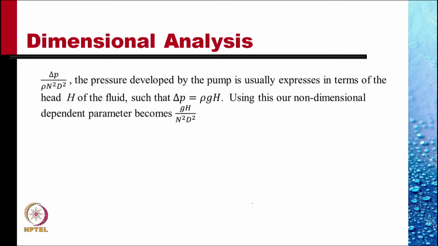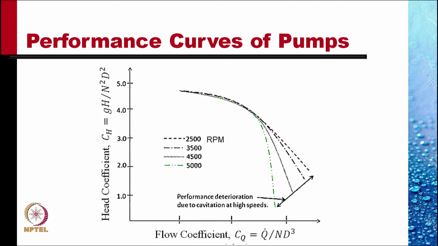And the independent parameter is Q dot divided by n d cubed. So there is only one dependent parameter and one independent parameter. So we can get one graph.